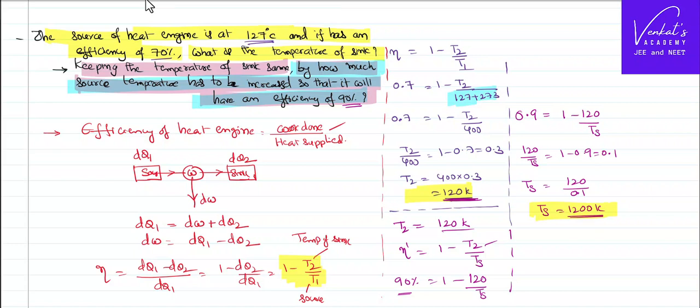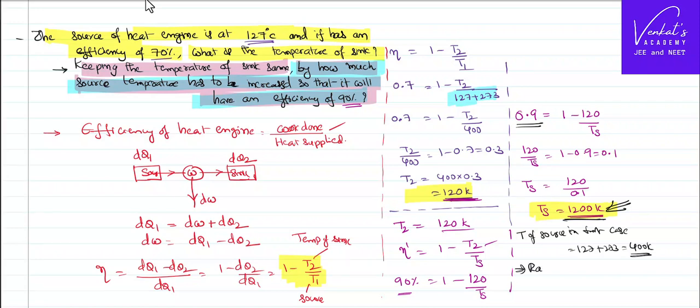So taking that into consideration, the temperature of the source in the first case is 127 degrees centigrade, add 273, so it becomes 400 Kelvin. New temperature of the source to get an efficiency of 90% is 1200 Kelvin.